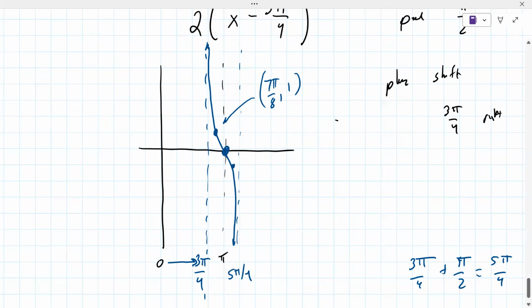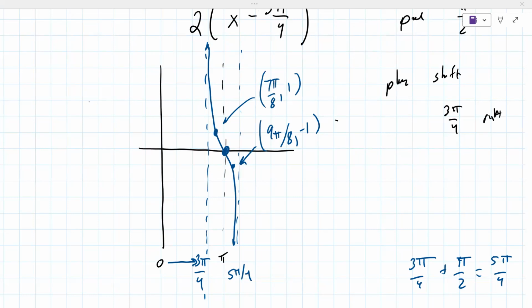And then right after pi, before 5 pi over 4, is 9 pi over 8, comma negative 1. Is that okay? All right.